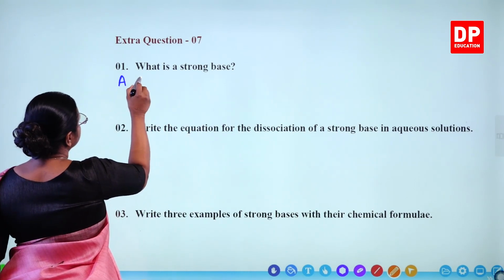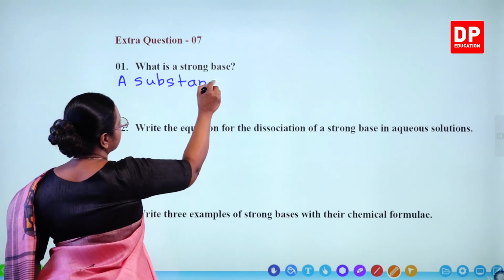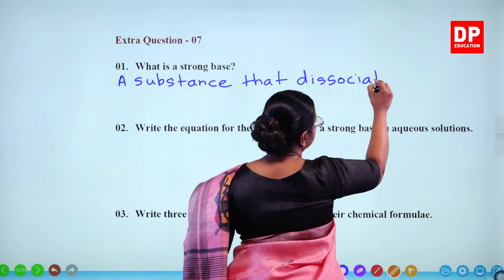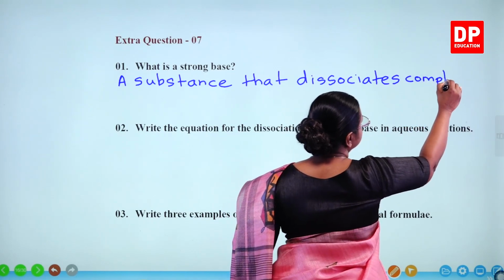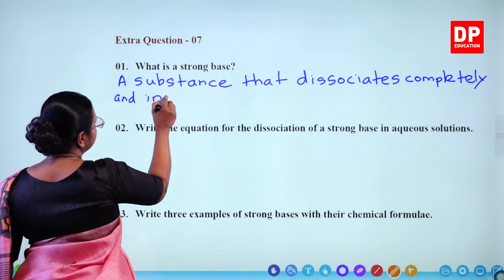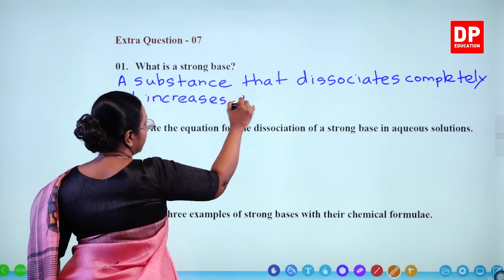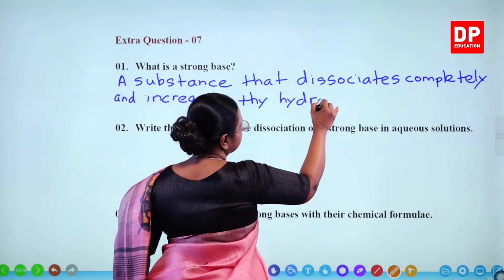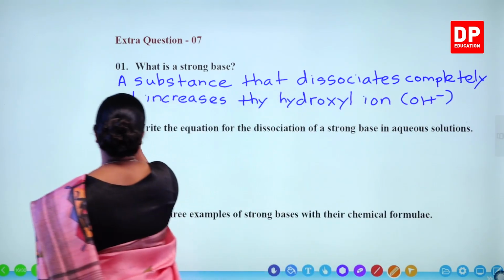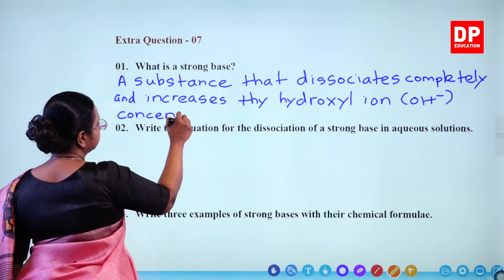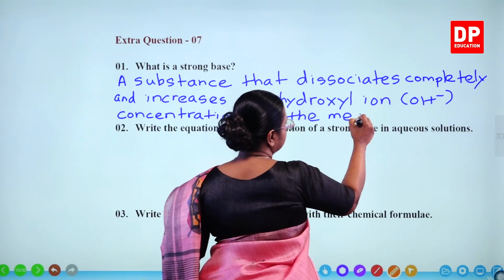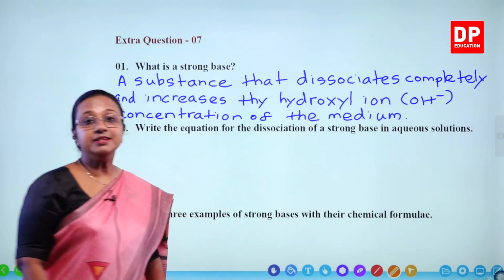So a substance that dissociates completely and increases the hydroxyl ion, that is OH minus, concentration of the medium. So that is a strong base.